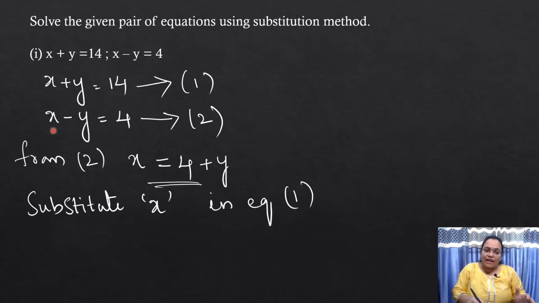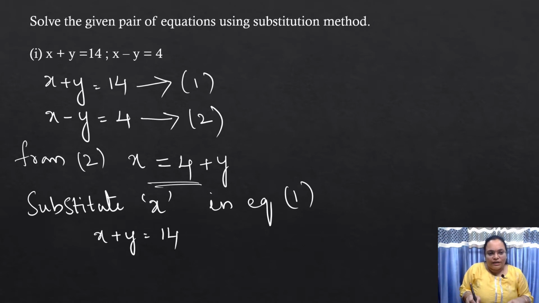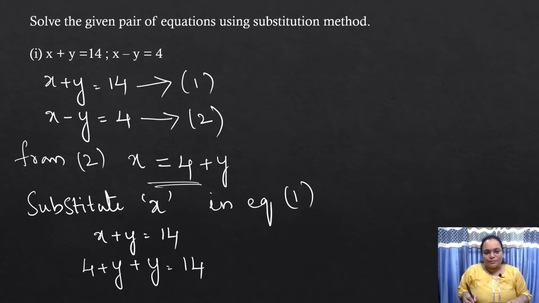We have used this equation to find x, so we substitute the value of x in the first equation, x + y = 14. What is the value of x? That is 4 + y = 14.